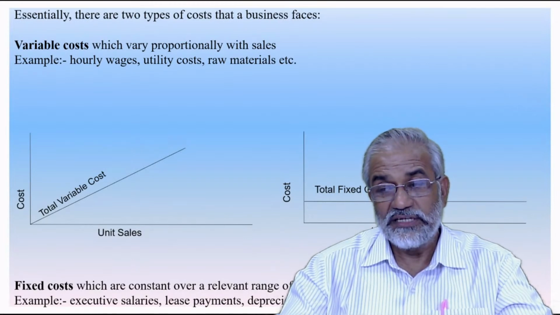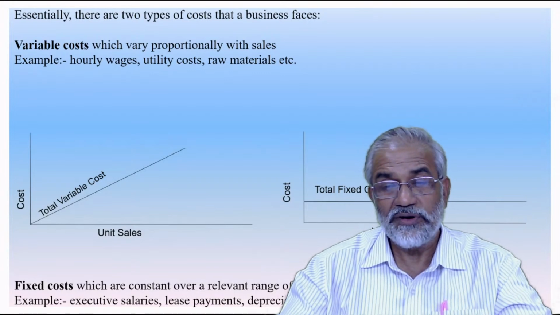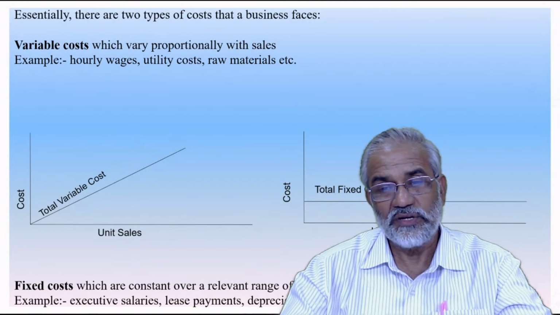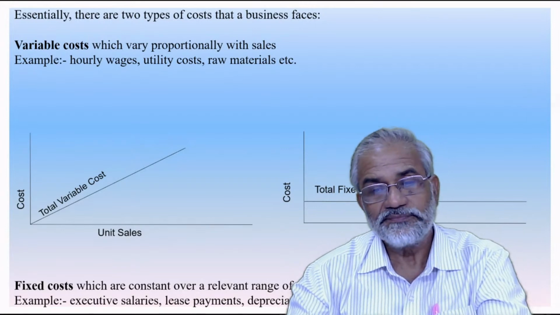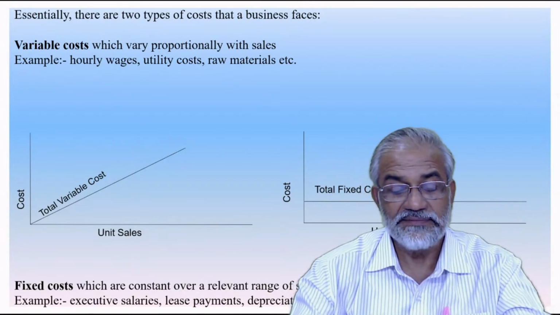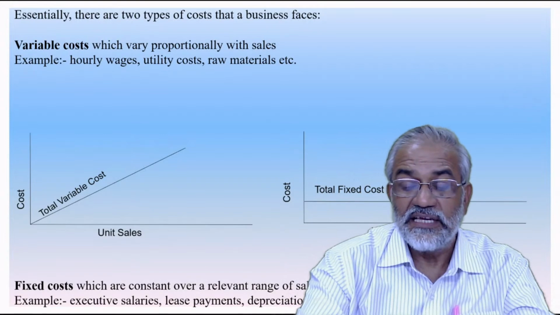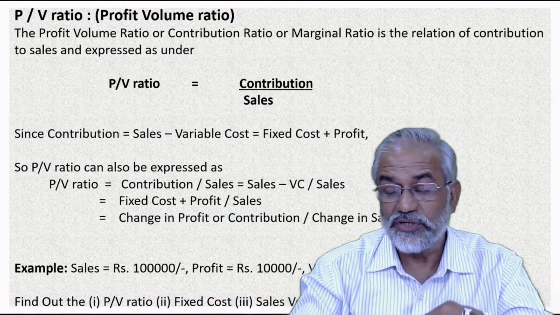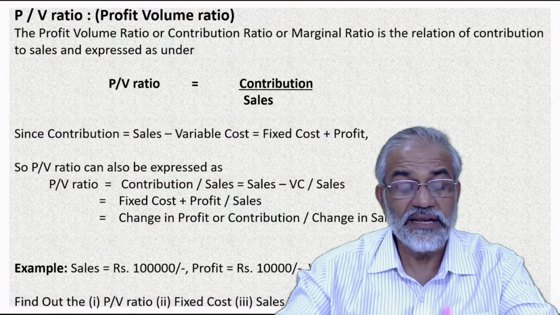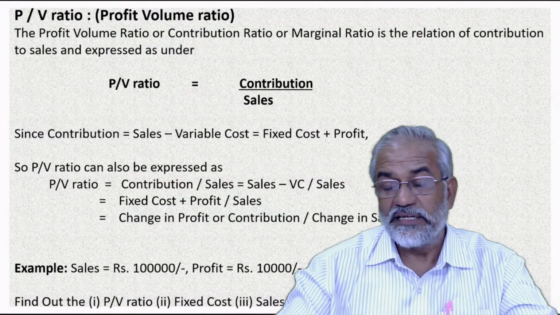If you are producing 10,000 units, or even 1 lakh units, the total fixed cost will remain the same. That's why it is just parallel to the x-axis.